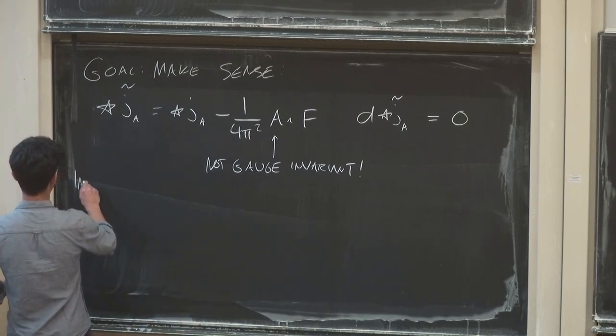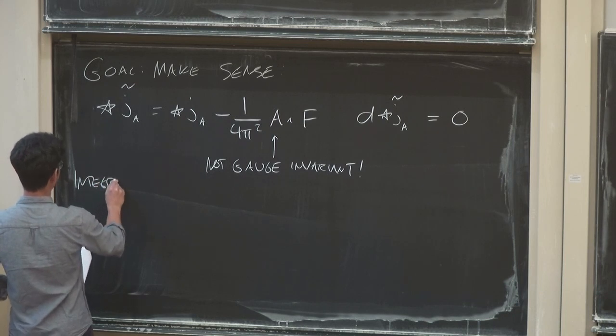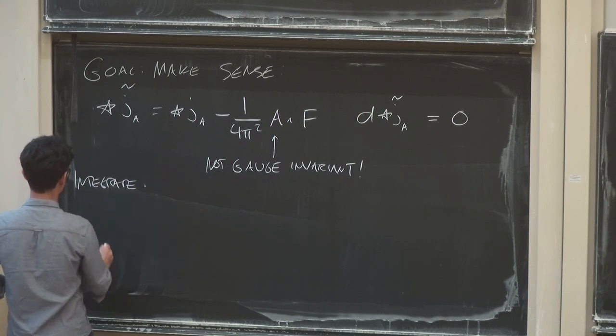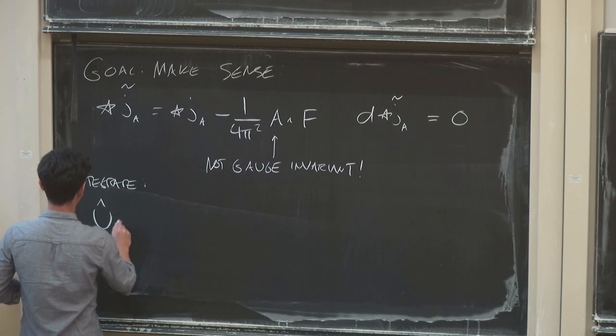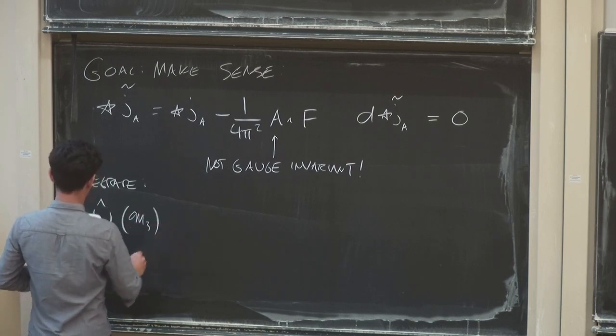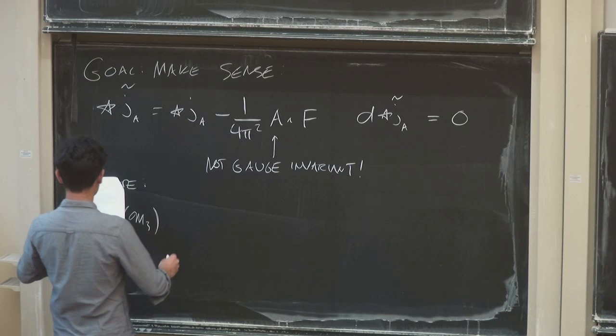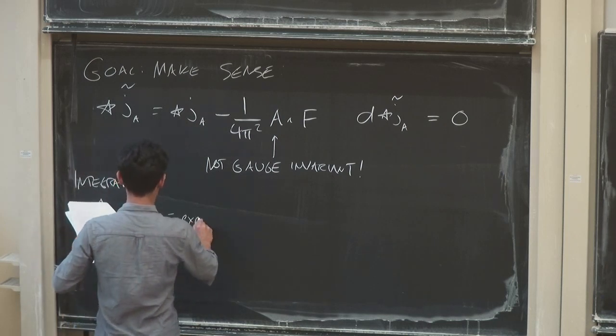So we're going to integrate this, and I'm going to also exponentiate it for a reason I'll show you in a second. So here's an idea. What we can do is we can try to integrate this over in the following way.